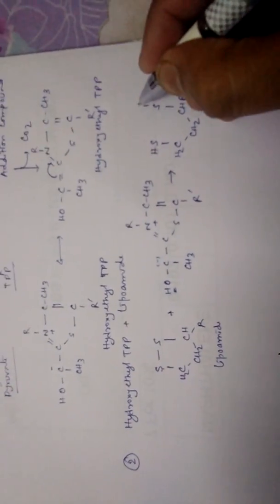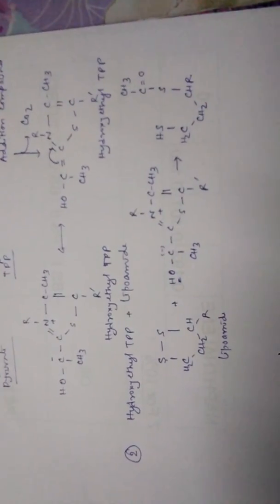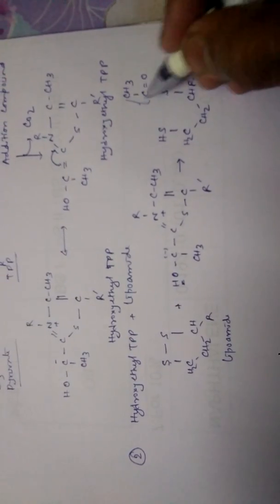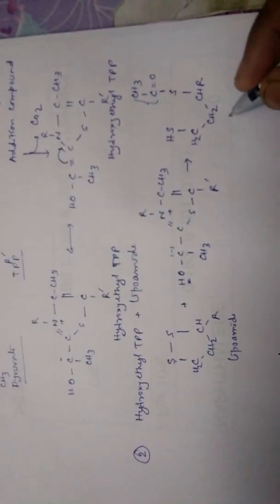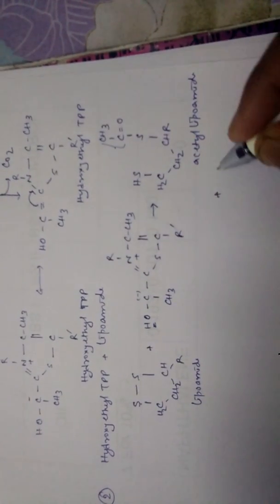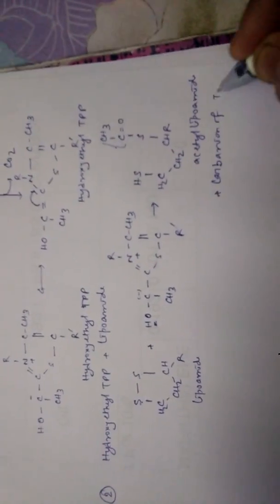So that means the product will be C double bonded O, CH3. So this is known as acetyl group. So acetyl lipoamide plus the remaining portion of the TPP, known as carbanion of TPP.